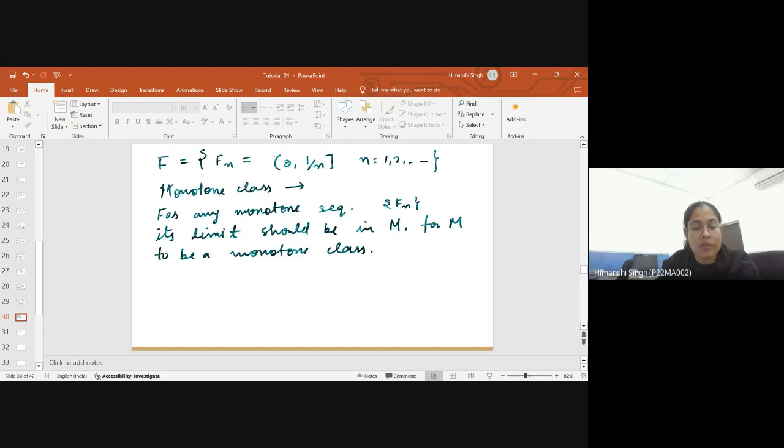So first of all, we will see how the elements are. If I consider F1, it is 0 comma 1 closed. F2 is 0 comma 1 by 2 closed. F3 is 0 comma 1 by 3 closed. So you can see that F1 contains F2.